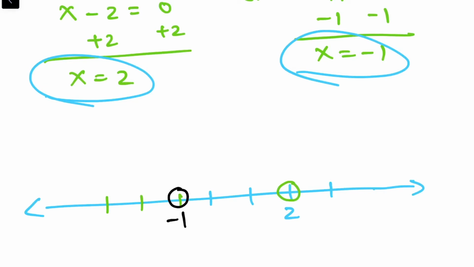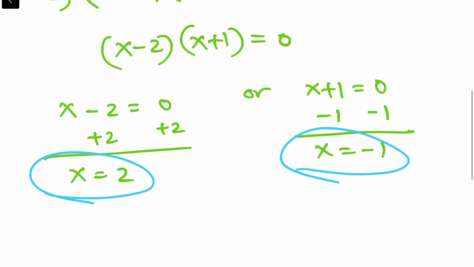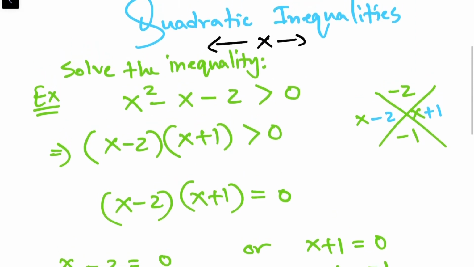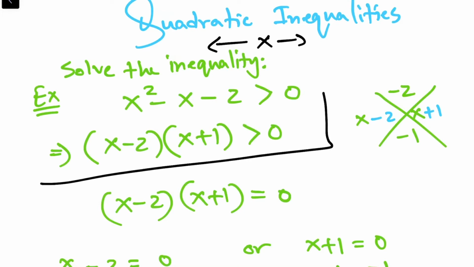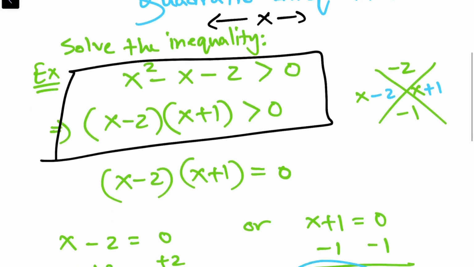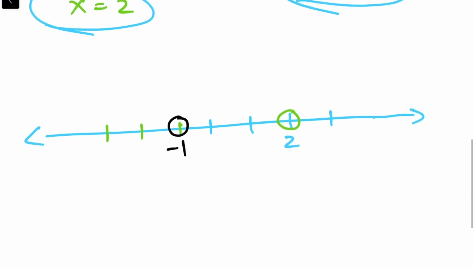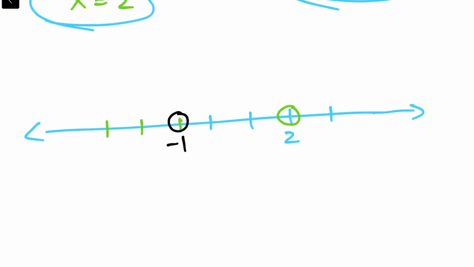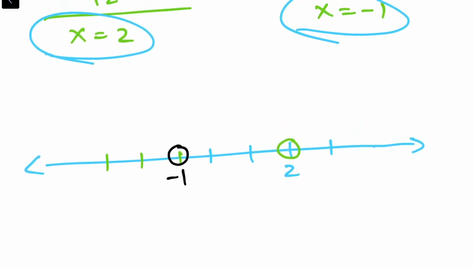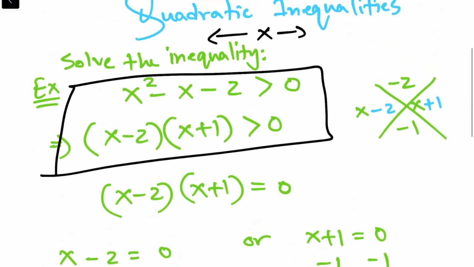So what you want to do now, you want to take one number from each section and you're going to check whether or not this inequality makes sense. There's one more thing.